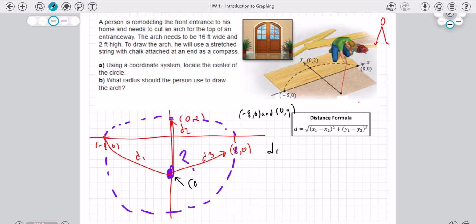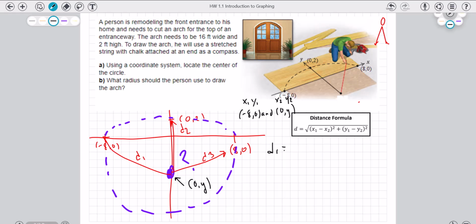So I know that it's on the y-axis, because that's on the y-axis, but I don't know what that value is. That's what I'm trying to find. And so we can call this x1, y1, this x2, y2.